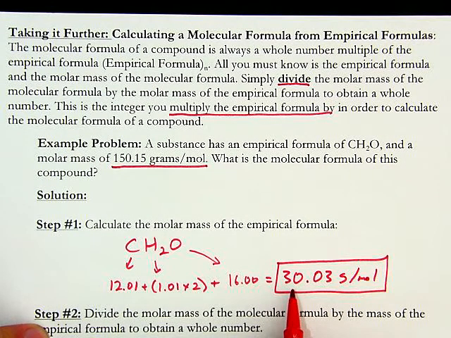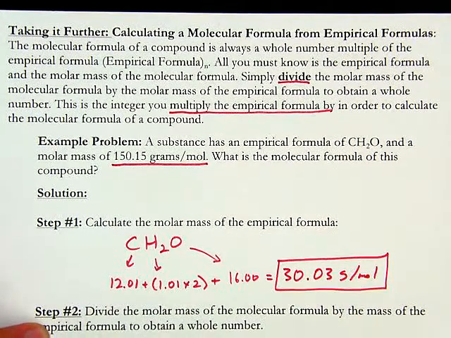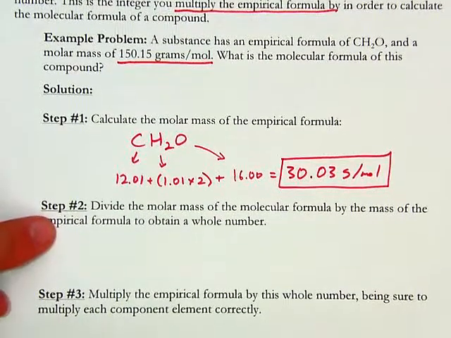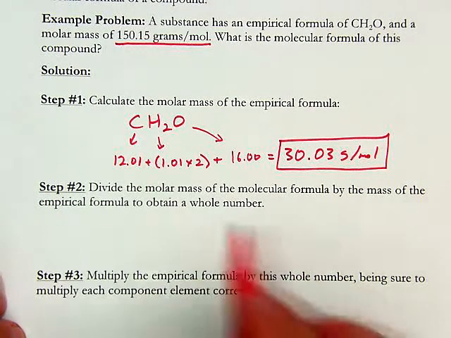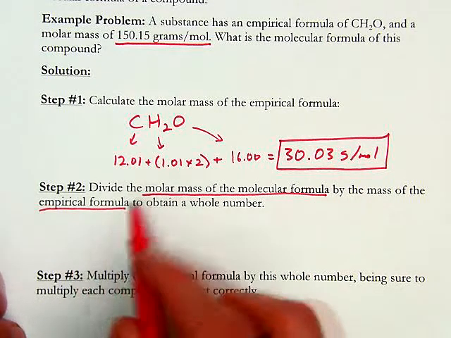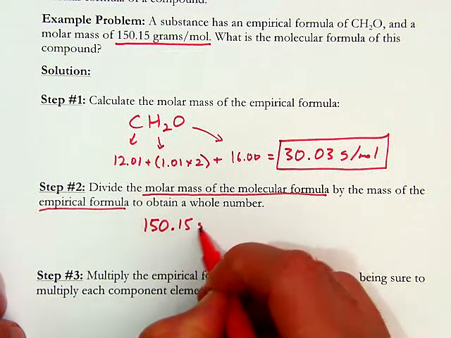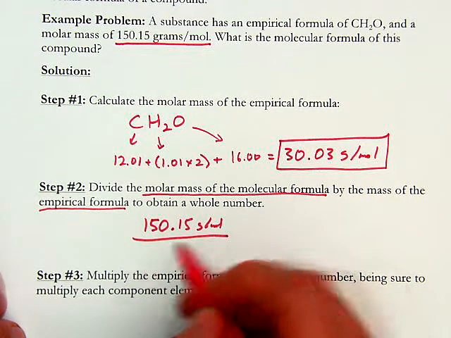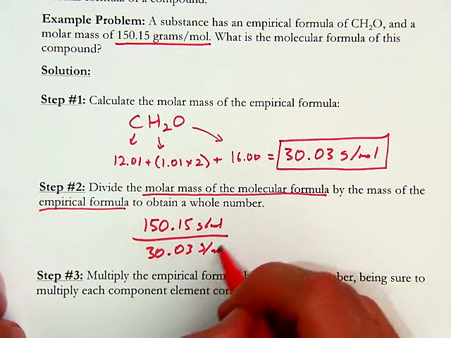So this is the molar mass of the empirical formula. The molar mass of the molecular formula is that. If you take the molar mass of the molecular formula and you divide it by the molar mass of the empirical formula, you will get some integer. So 150.15 grams per mole divided by 30.03 grams per mole.